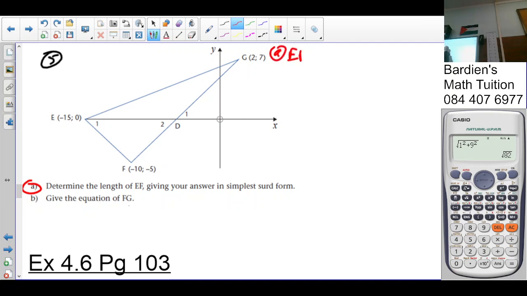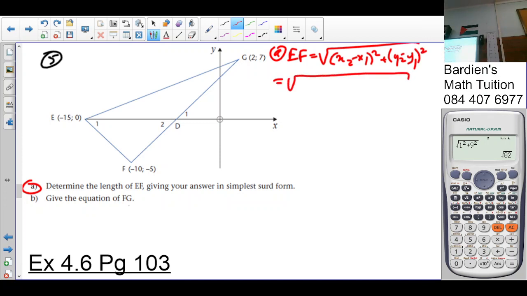Distance formula. Can you see the same formulas get used all the time, just with different diagrams? So the square root of (x2 minus x1) squared plus (y2 minus y1) squared. So it's negative 15 minus negative 10, squared, plus 0 minus negative 5, squared.